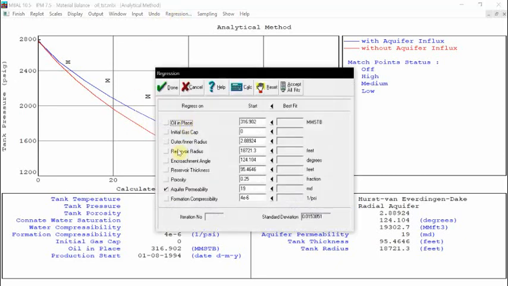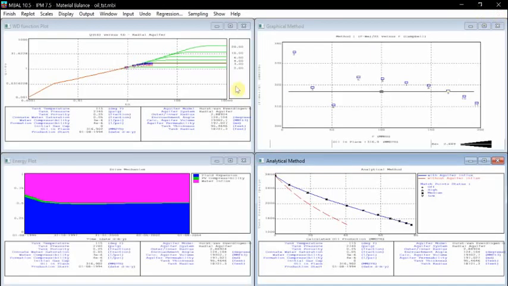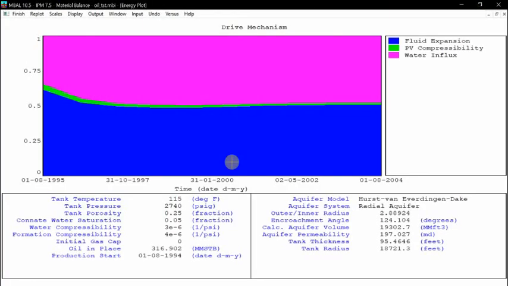All we need to do is regression, and we take aquifer permeability and we calculate. The computer calculates for us and suggests that aquifer permeability is 197 millidarcy, and you see that now the aquifer is correct, and it gives us a correct energy plot.